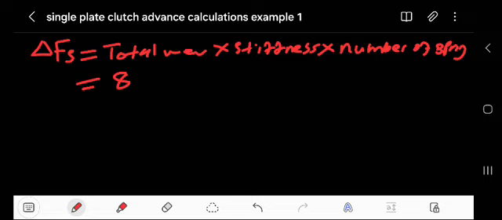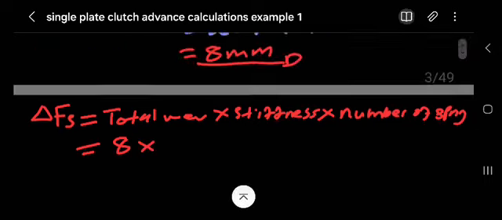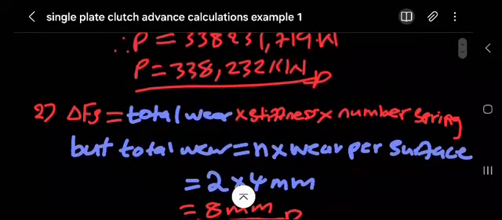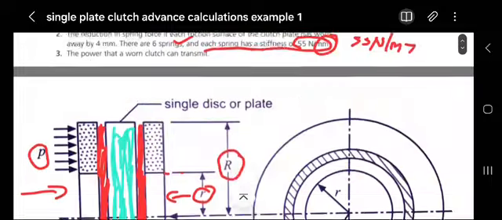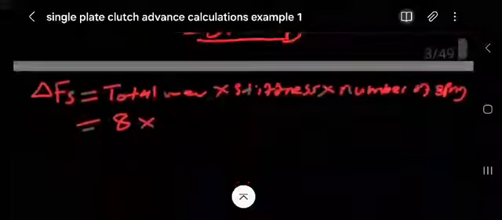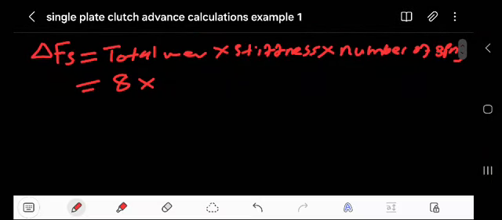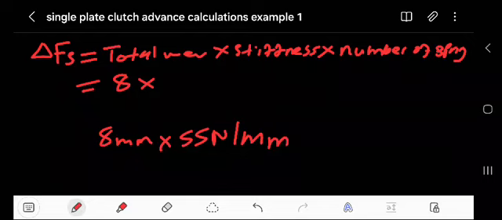You must know why I said this will be 8 multiplied by stiffness, where the stiffness we've been given is 55 newtons per millimeter. So as you can see, 8 millimeter multiplied by 55 newtons per millimeter. These millimeters will cancel, which is nice. We'll be left with Newton. That is why I made it like that.